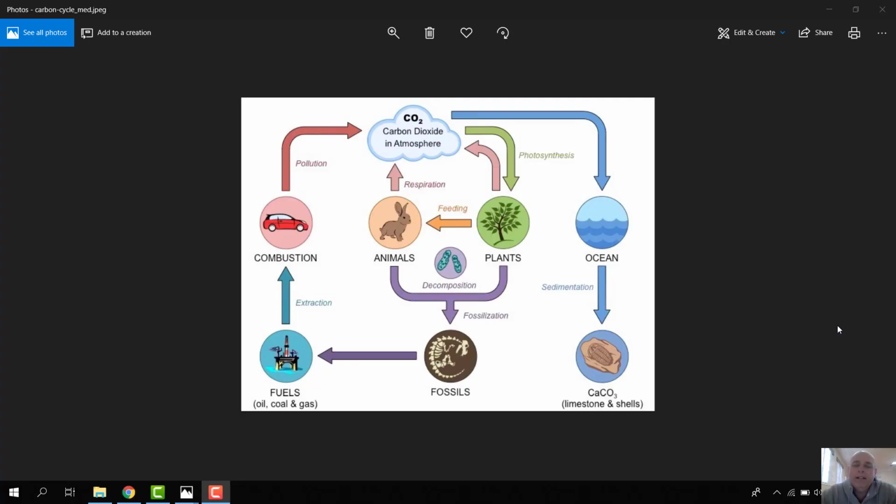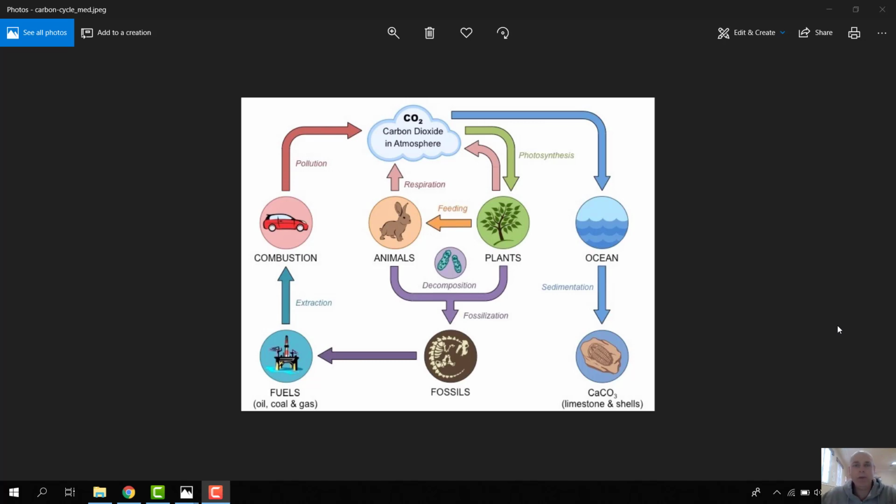Good morning. Today I'm going to talk about elements, specifically carbon and oxygen, and how they move through the Earth system. So how do they go from the atmosphere into the biosphere, or the biosphere into the geosphere?